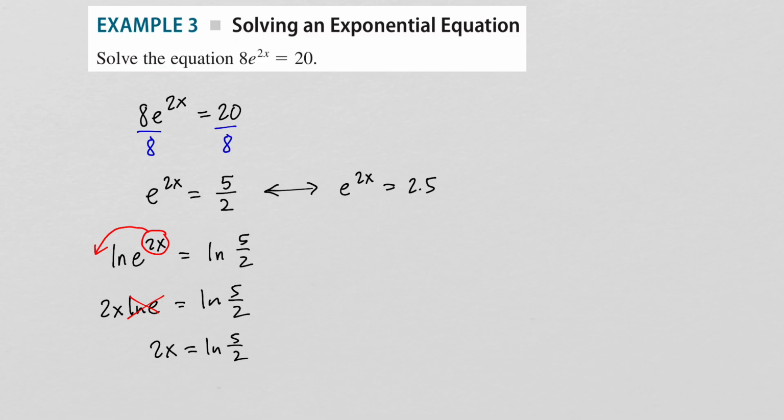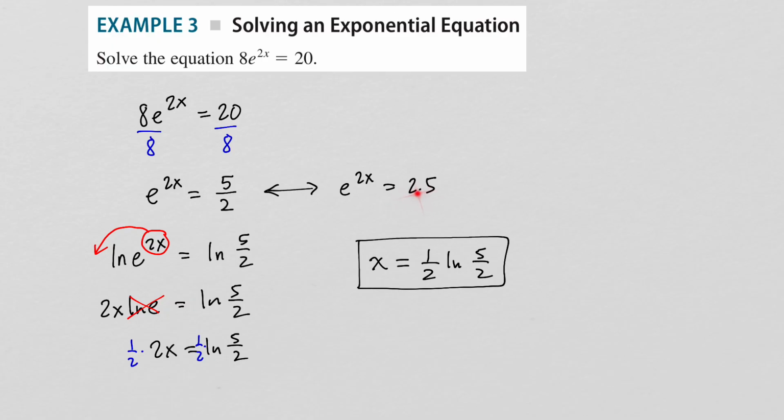Now to solve for x here, you could do a couple of different things. I'm just going to multiply both sides by 1/2. The other option is you could divide by 2. But in this case, I'm going to multiply by 1/2, and my final answer here is going to be 1/2 natural log of 5/2. Or if you had used 2.5, you might have 1/2 natural log of 2.5.